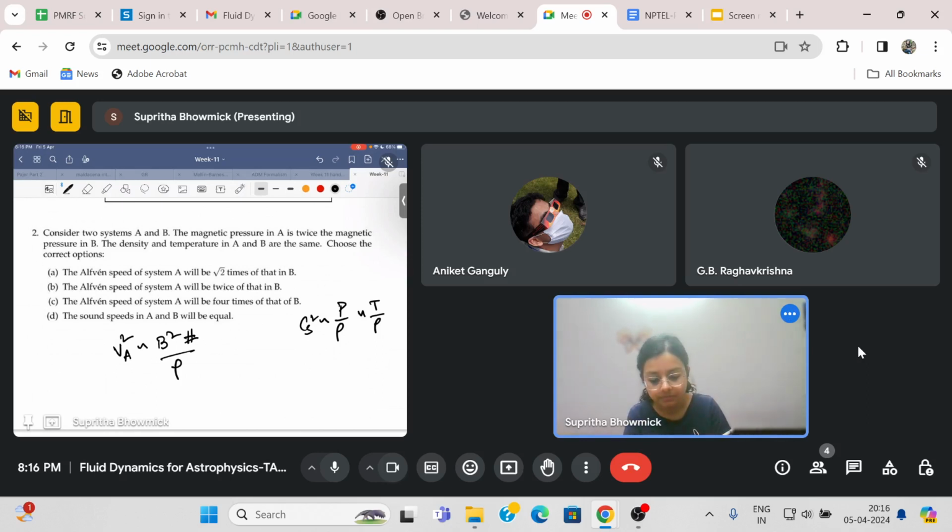All right. Now, the Alfven speed in A by the Alfven speed in B will be a ratio of the magnetic field in A divided by the magnetic field in B, not squared, because both are squared in this relation. Right? Or am I wrong?